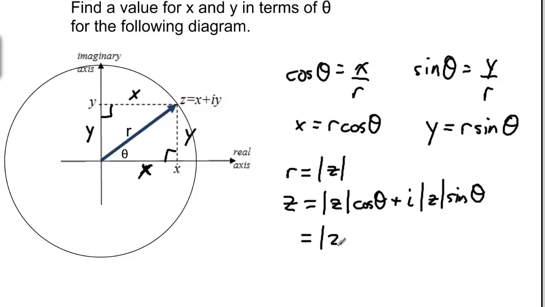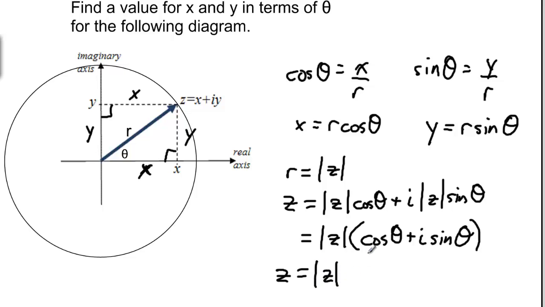And what do we have left? We have cosine theta plus i sine theta. Now, of course, mathematicians are lazy by nature, so that's way too much for them to write. So instead, what they write is z is equal to the magnitude of z, the modulus of z, times, and they shorten this down.